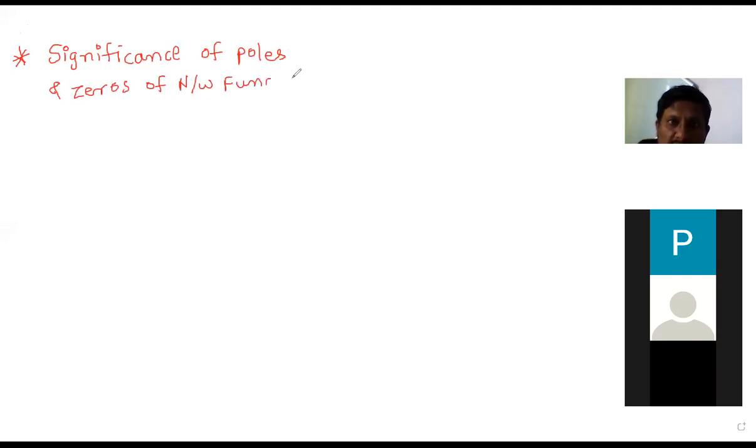There are 6 points we can discuss one by one. All are theoretical points, but they give a lot of information regarding the poles and zeros. The first point will be the definition of poles and zeros. From a mathematical point of view, we can define it.